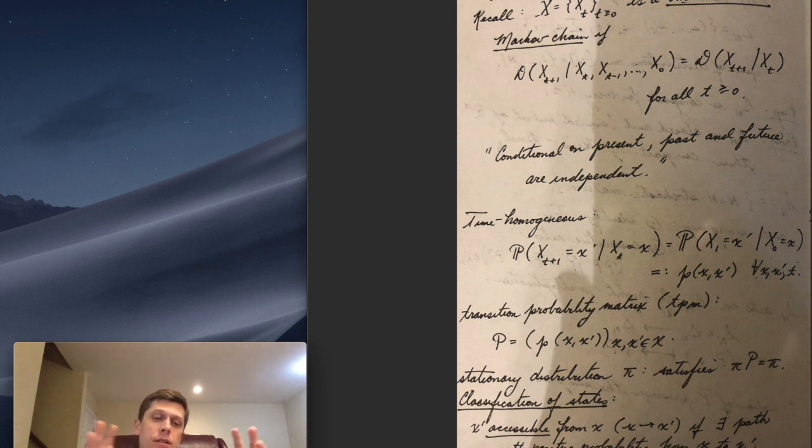So the idea there is that if you think of the state space as a graph or as a set, and we're moving around all the different points in this set, if all of the states communicate, that means no matter where we're at, there is some path that could take us from anywhere to anywhere else in the state space.